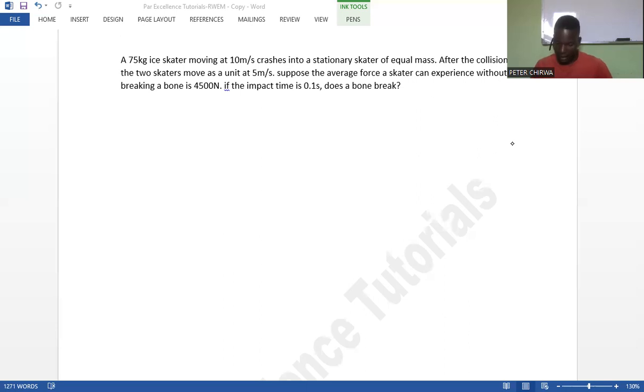So let me put here, data. What we have: the mass, which is 75 kg. Both moved as a unit. And the initial speed here is 10 meters per second.